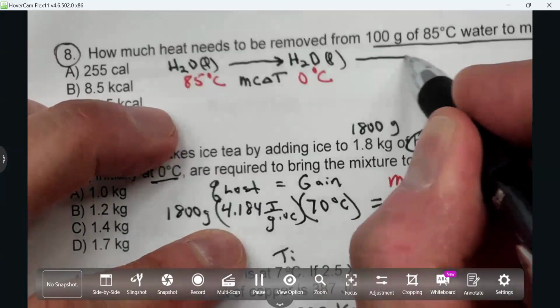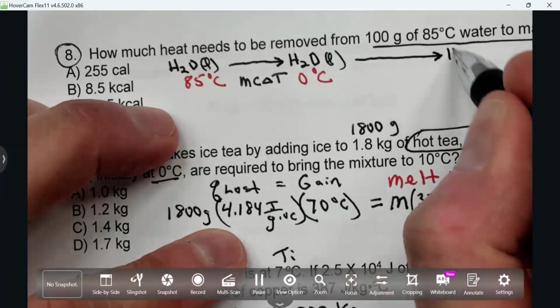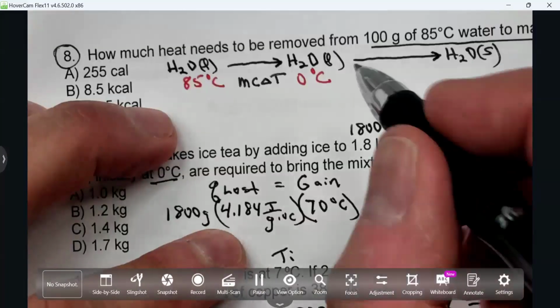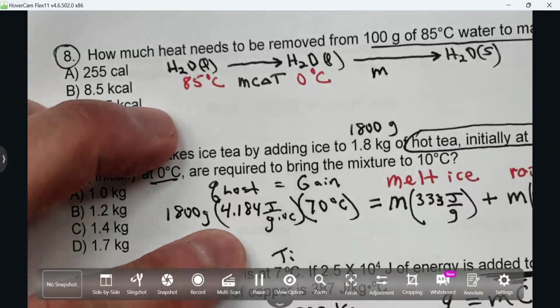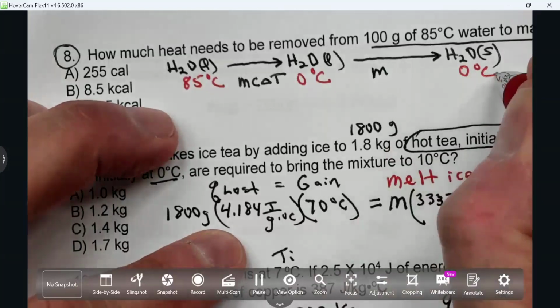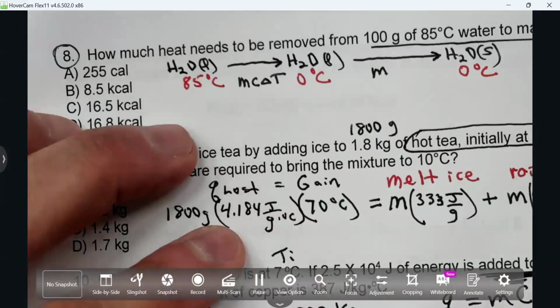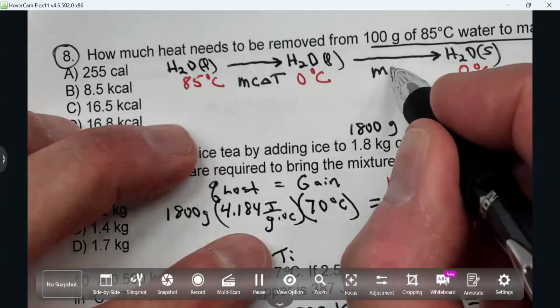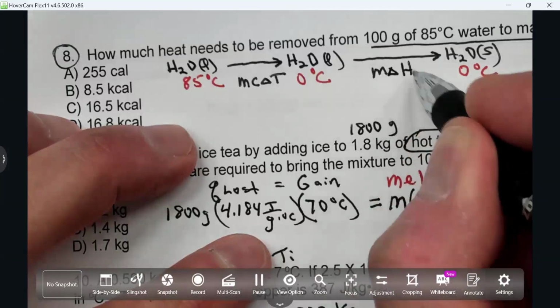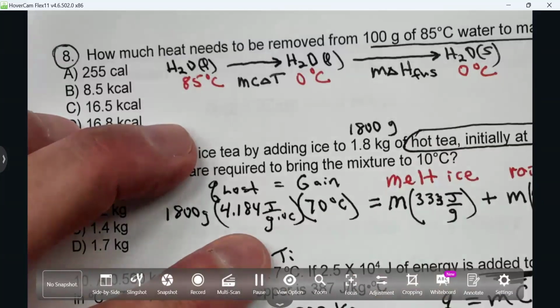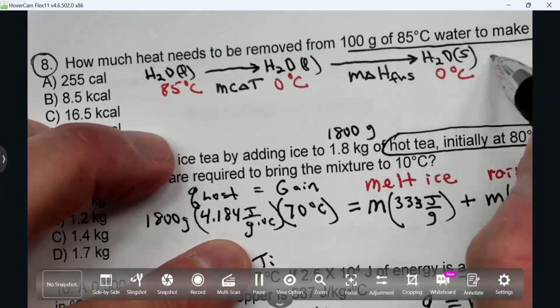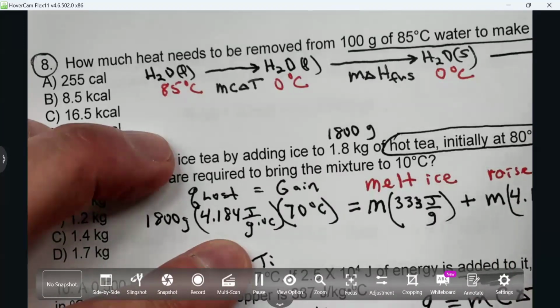Then we have to take it to H2O solid. We have to freeze it at 0 degrees Celsius. So that is going to be the mass times the enthalpy of fusion. Then we need to take that and lower it by 5 degrees.